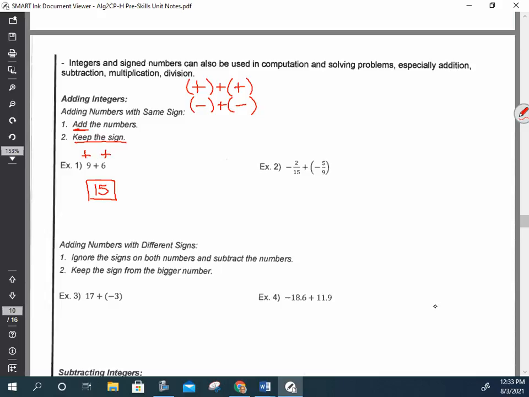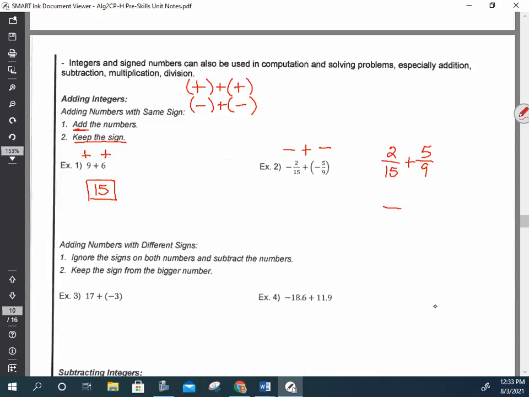Negative 2 over 15 plus negative 5 over 9. Just because they are fractions doesn't change the rules. You have a negative plus a negative, so we need to add those numbers up: 2 over 15 plus 5 over 9. Again, you need common denominators.